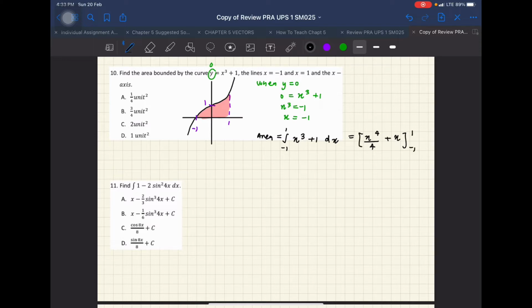Okay, like this. Okay, so let's substitute. So first, you substitute 1 dulu. Okay, so awak akan dapat 1 over 4 and then plus 1. And then minus with the substitution of x equal to negative 1. So you will get 1 over 4 minus 1 over 4.